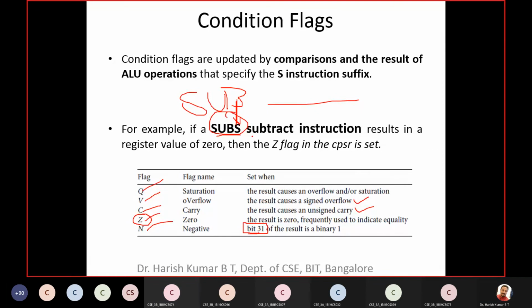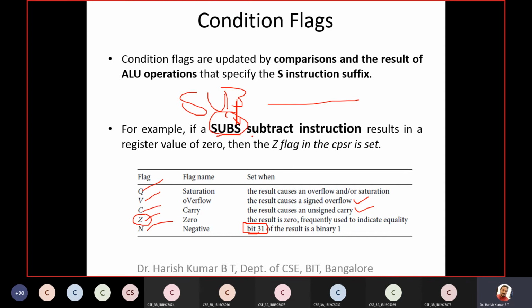See, SUB R1, R2, R3 subtracts the content of register R3 from R2 and stores the result in R1. Whether the result is 0 or not, the zero flag is not affected.